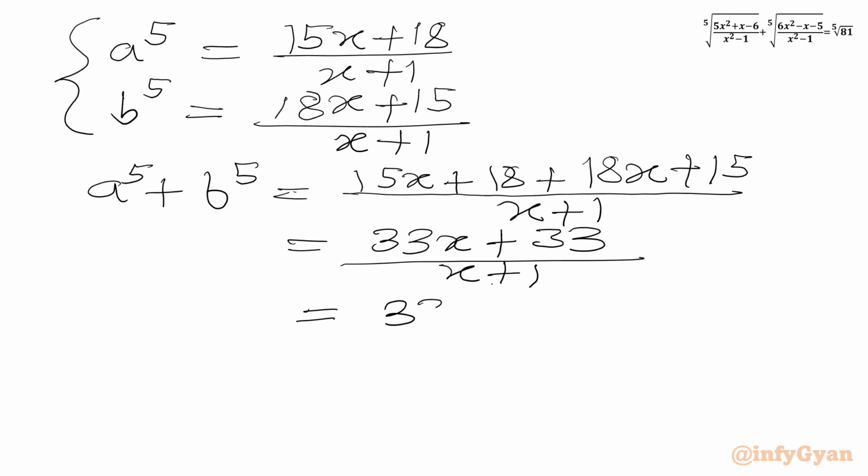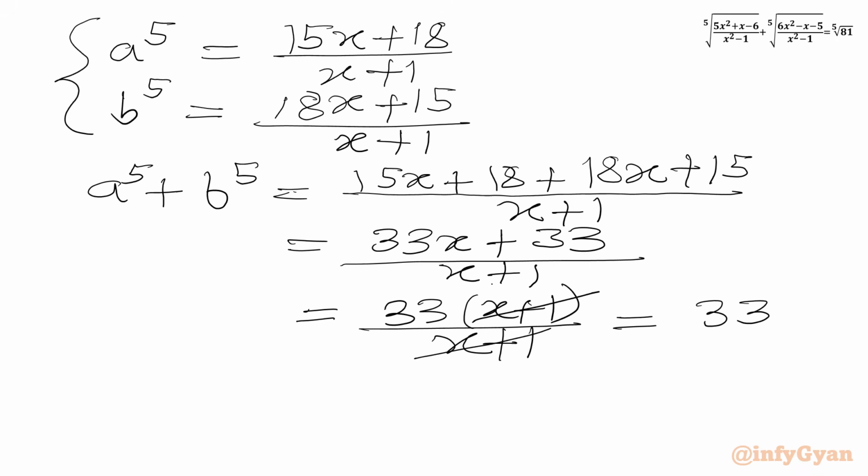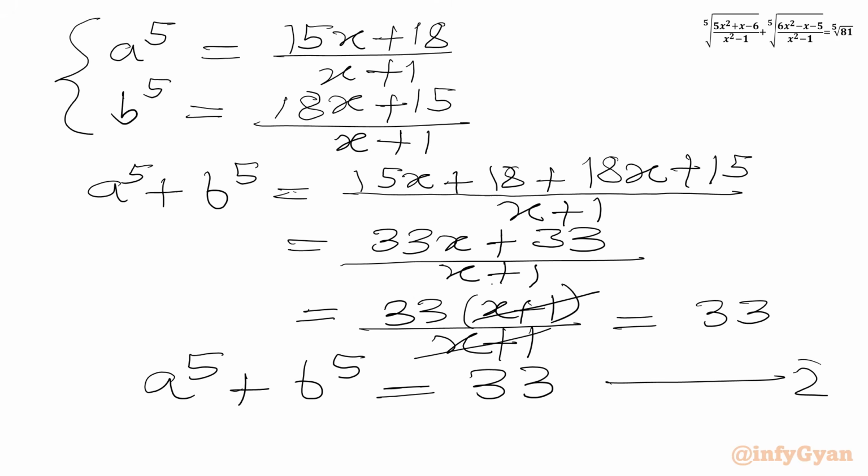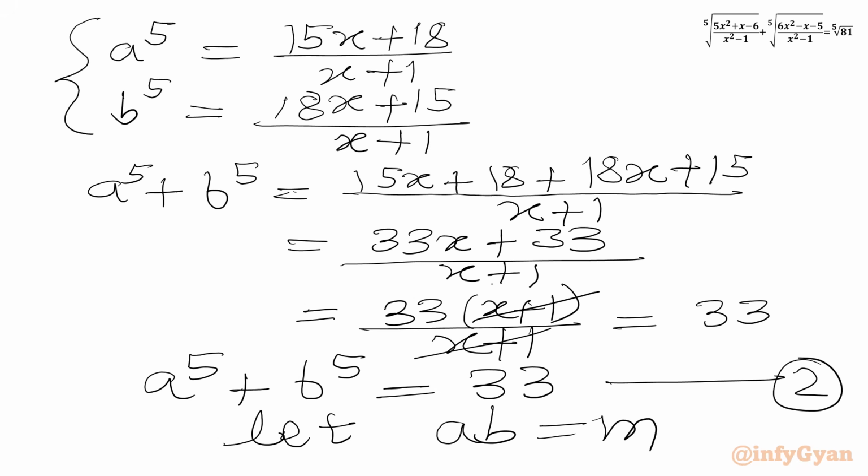We are going to take 33 common from the numerator, so there will be x plus 1 in the bracket. We'll cancel x plus 1 from numerator and denominator, and we can write our second equation: a power 5 plus b power 5 will be equal to 33. Equation number 2. Now let us consider ab equal to m, and I will use two algebraic formulas.